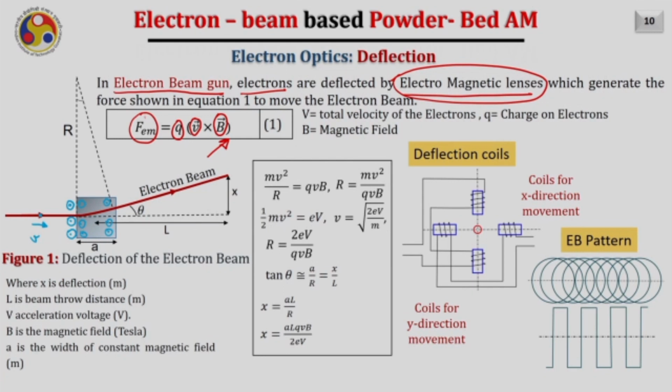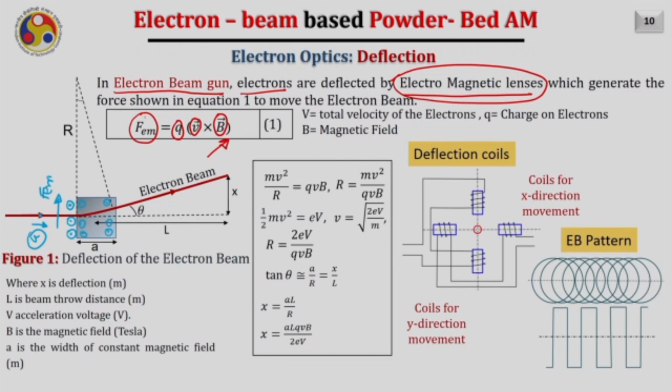So if this is the velocity of the particle, going in this direction, and if I move it downward perpendicular to my screen, then this will be the direction of the force acting onto the particle. So as here the velocity is in this direction and B is inward into the screen, the force acting onto the particle will be in this direction, of course.